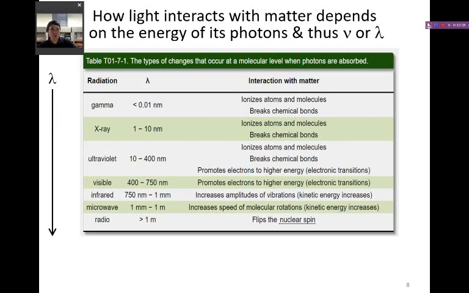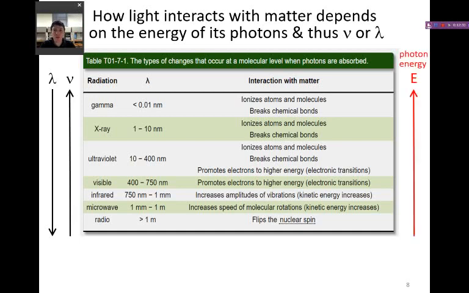Let's look at this in terms of wavelength. First, we have it going from low wavelength to high wavelength. We know that the frequency is the inverse of that, and we also know that energy is inverse of wavelength. So our highest energy rays are gamma rays.